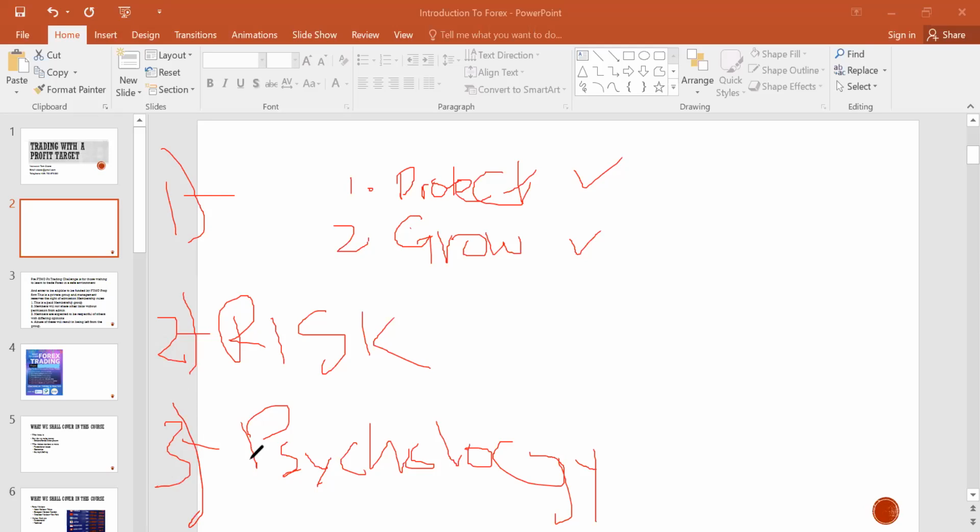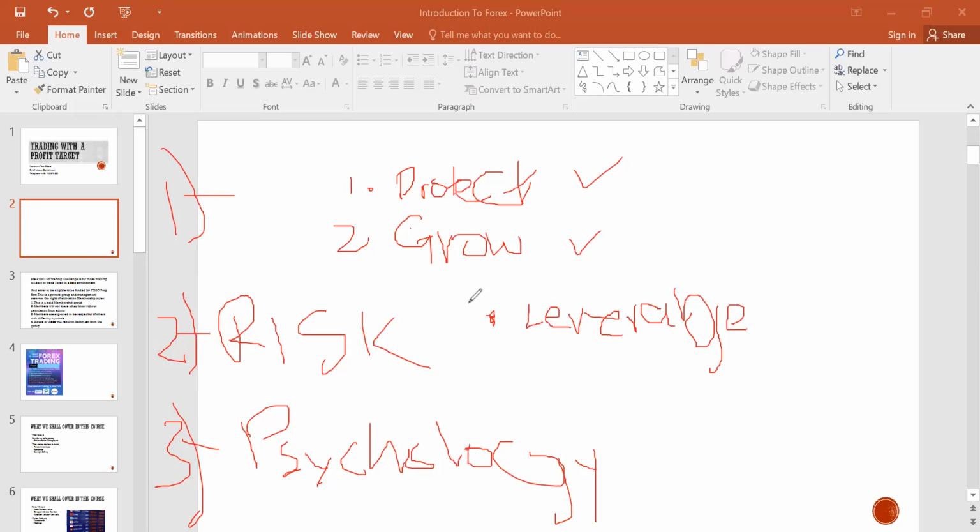Now, risk for us has two aspects. One is what we call leverage, what leverage you are using, and this determines a lot about your risk.